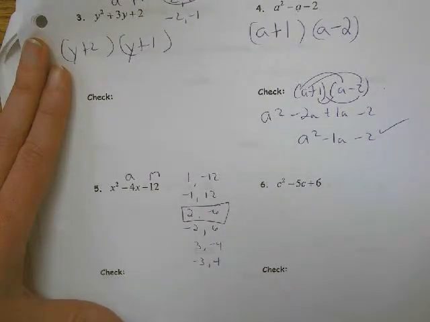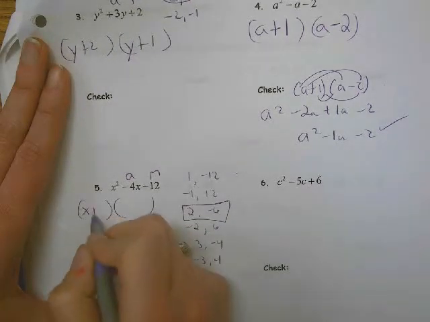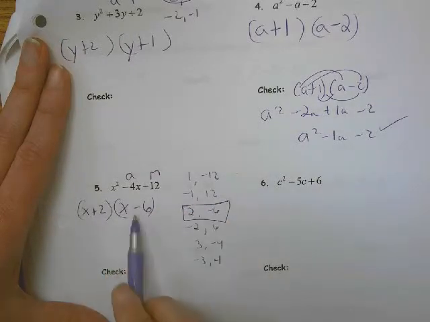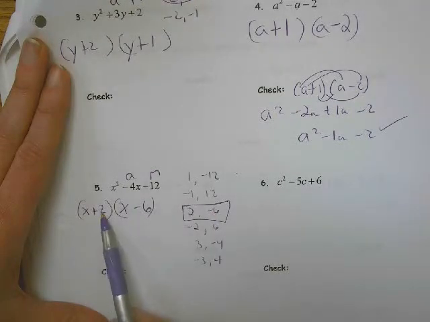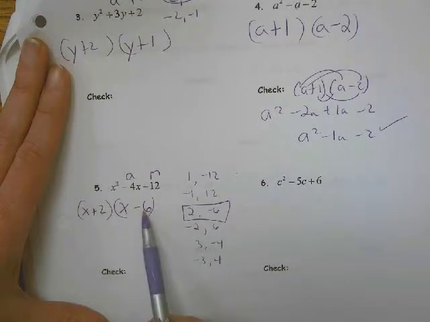There's the pair I want. So x plus 2, x minus 6. It's a minus 6, so it's a negative 6 over here as a factor. I can check it in my head. 2 times negative 6 is negative 12, and 2 plus negative 6 gives me negative 4.